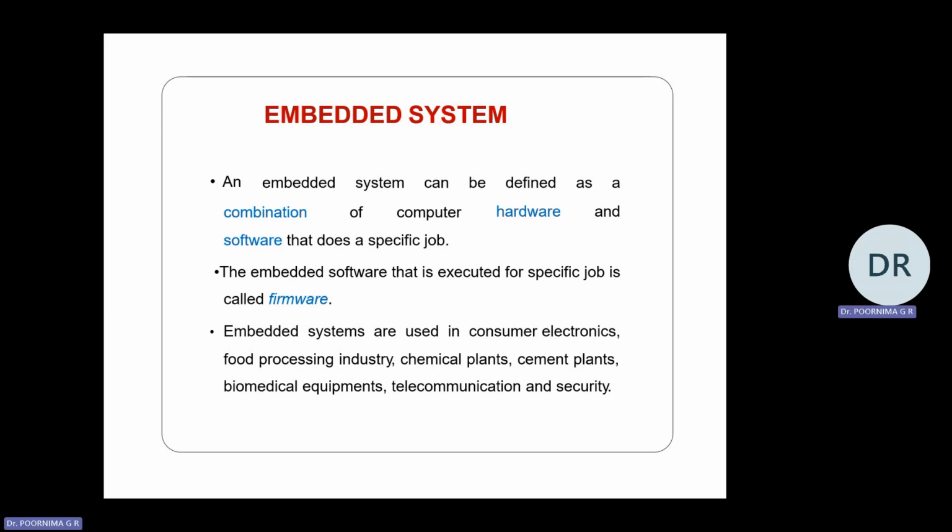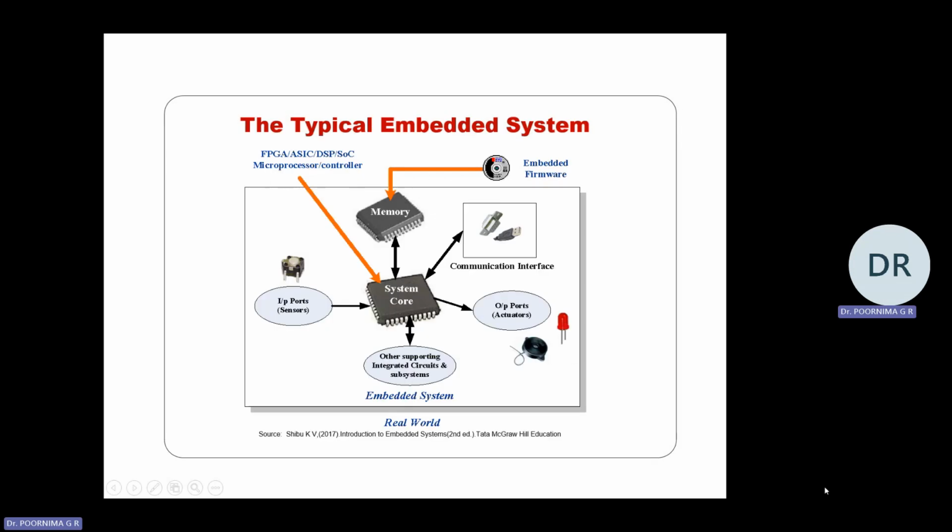The software which will be placed in the hardware of a computer to do the specific job can also be called firmware. So where will we be using these embedded systems? They are used in consumer electronics, food processing industries, chemical plants, cement plants, biomedical equipment, telecommunication, and security.